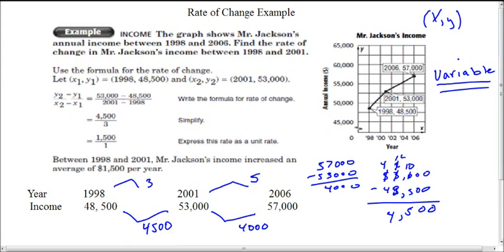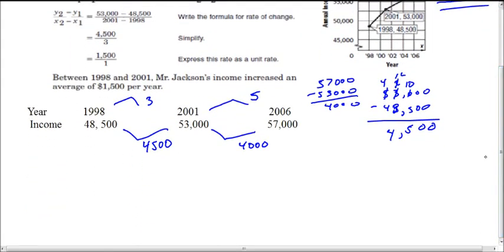So what we need to do as we go forward is compare 1998 and 2001. So this is this ratio. I'm going to get 4,500 over 3. And of course, I will divide 3 into 4,500. 3 goes into 4 one time, and that's 3, 1 remainder, and 5, that goes 5 times. 5 times 3 is 15.